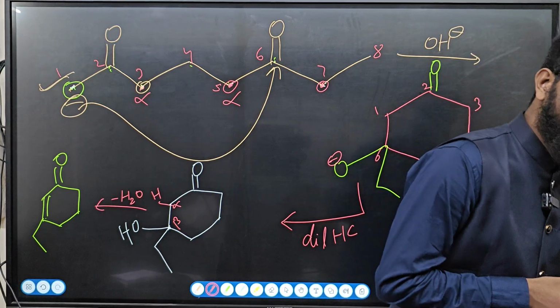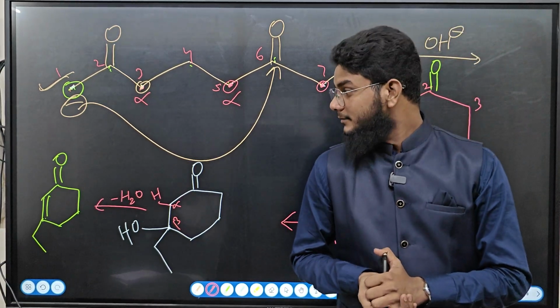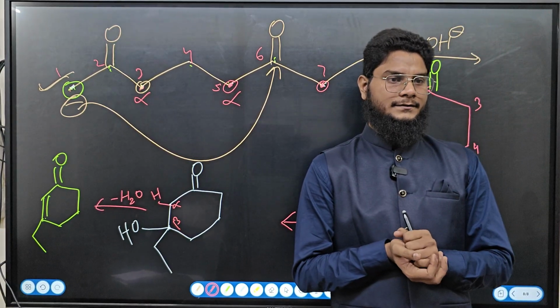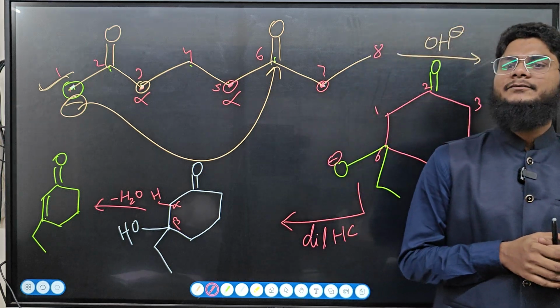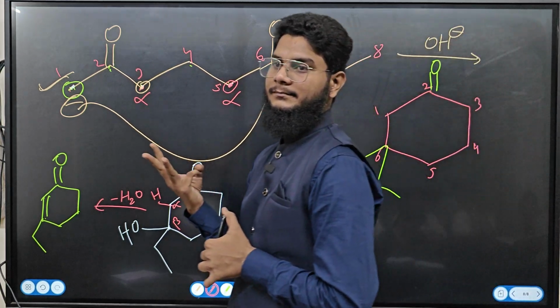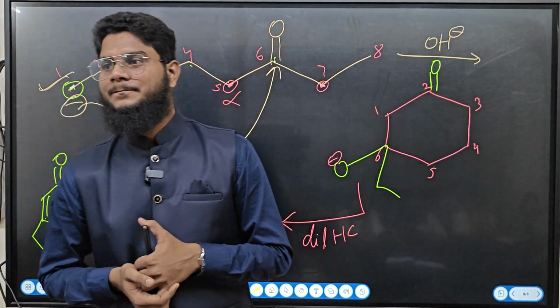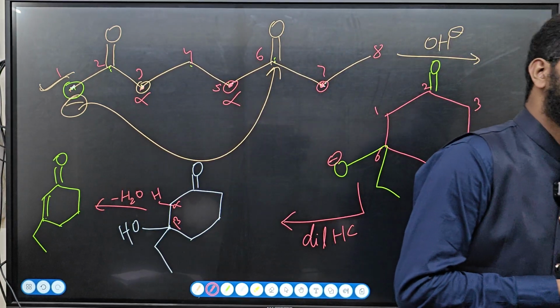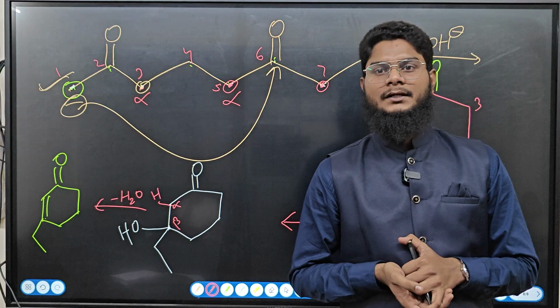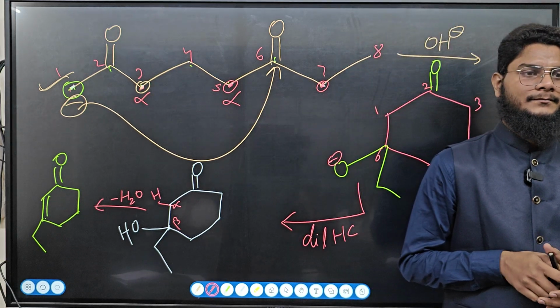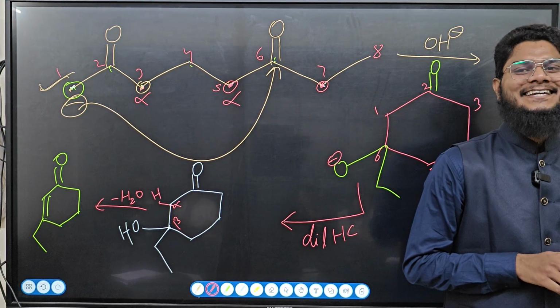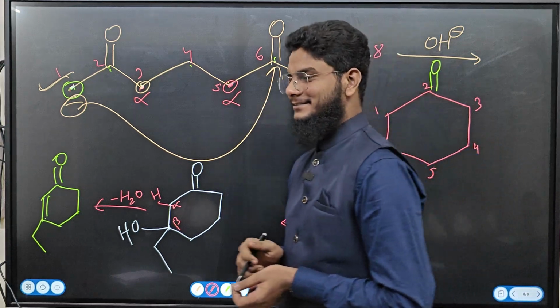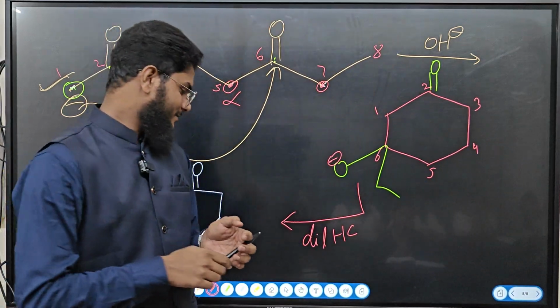Formation of enolate. Second step is condensation of 2 carbonyl molecules. And in aldol condensation we have seen 3 types. What are the types? Simple aldol condensation, then cross or mixed aldol condensation, and the last one is intramolecular aldol condensation. Okay, thank you class.